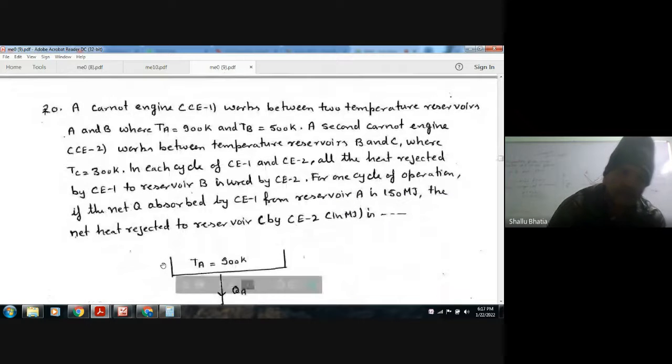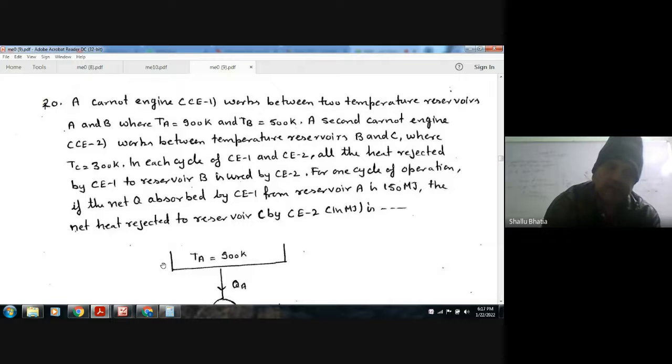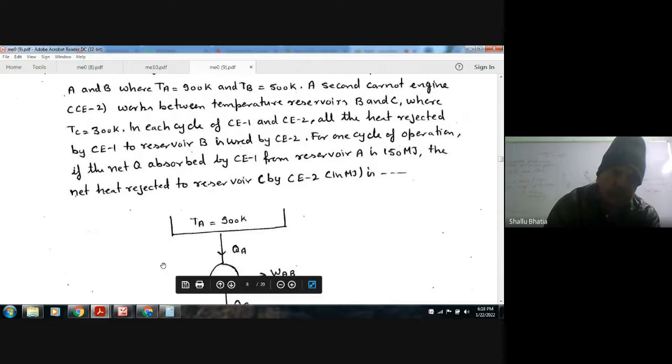Next, a Carnot engine CE1 works between two temperature reservoirs A and B, where TA is equal to 900 Kelvin and TB is equal to 500 Kelvin. A second Carnot engine CE2 works between reservoirs B and C, where TC is equal to 300 Kelvin. In each cycle of CE1 and CE2, all the heat rejected by CE1 to reservoir B is used by CE2.